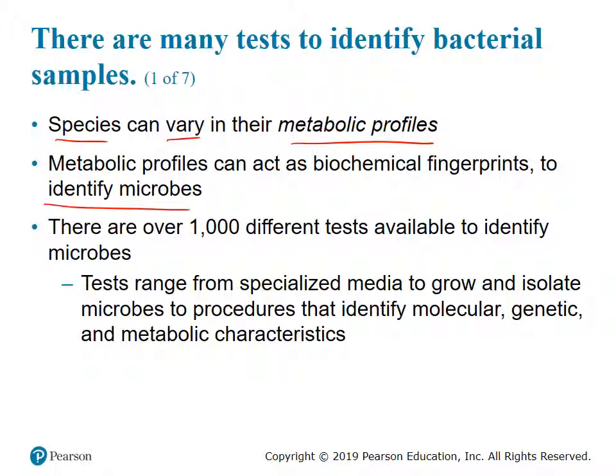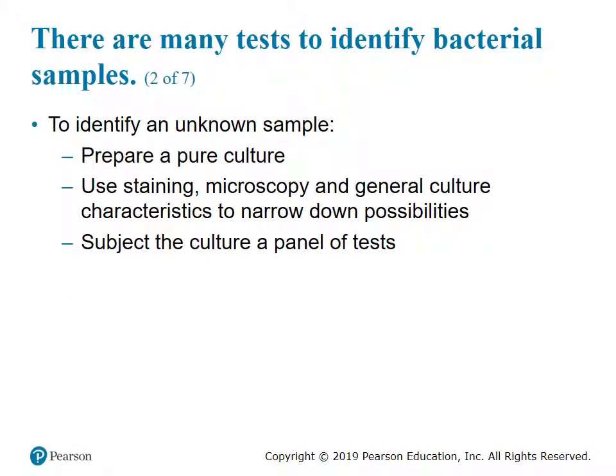In fact, look at this, there are over 1,000 different tests to identify microbes. Sometimes you grow these, sometimes you add chemicals to their growth, sometimes it's genetic, sometimes it's metabolism, but everything leads to the metabolic property, right? So you can use these many tests to identify that.